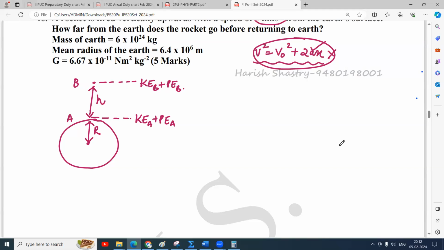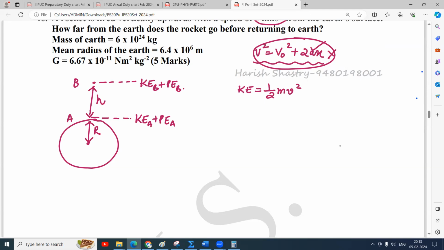So this formula will help you to solve the problem. And recalling all the formulas, kinetic energy at any point for any object is half m v squared, because it is always positive. It never changes the formula.